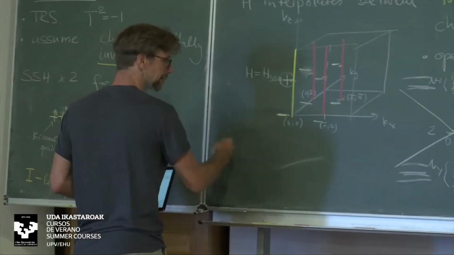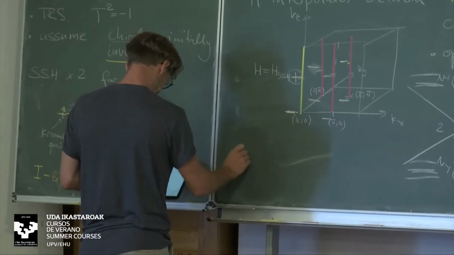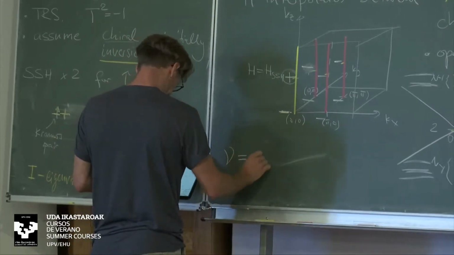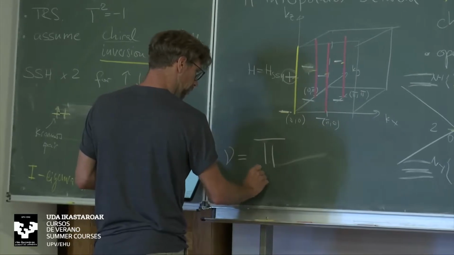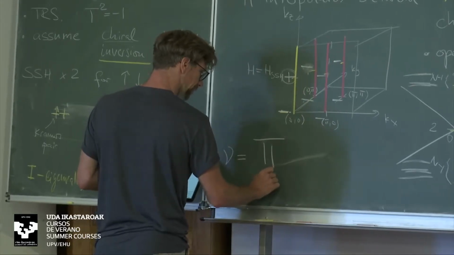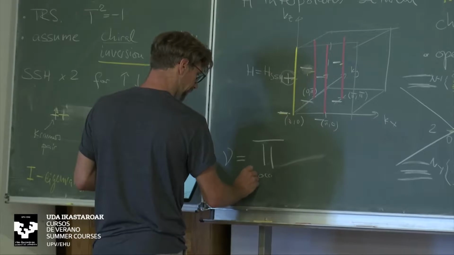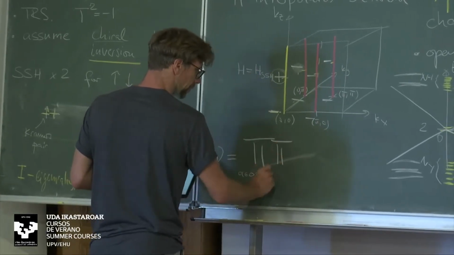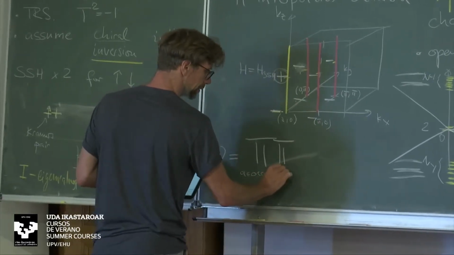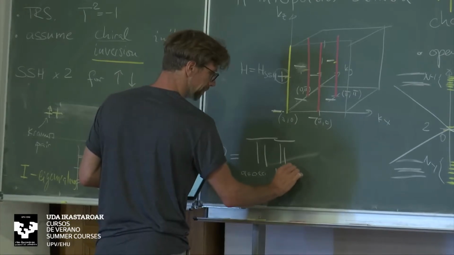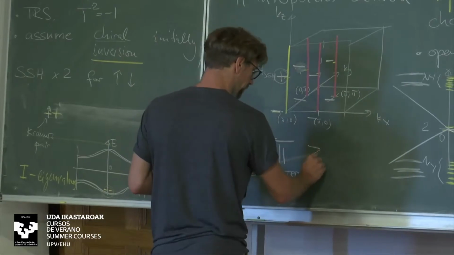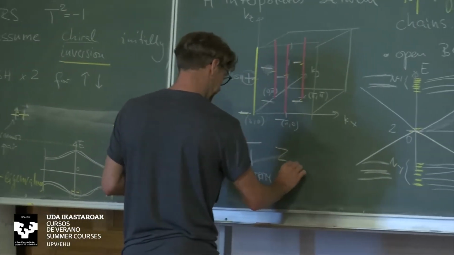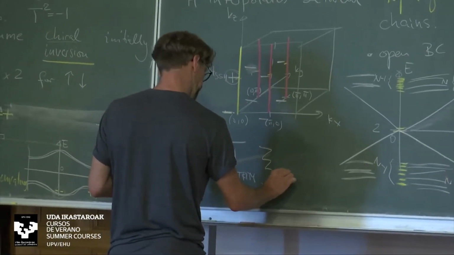And the formula that is giving the topological invariant is the product over all occupied bands, and the product over all time reversal invariant momenta, called TRIMs, of the inversion eigenvalues, and you count one Kramers pair only once.